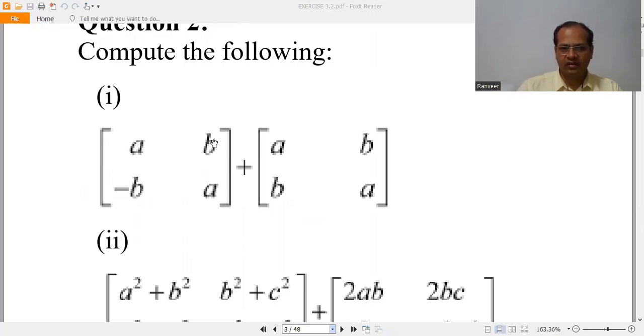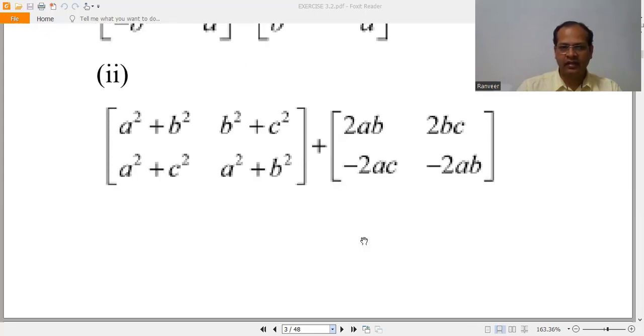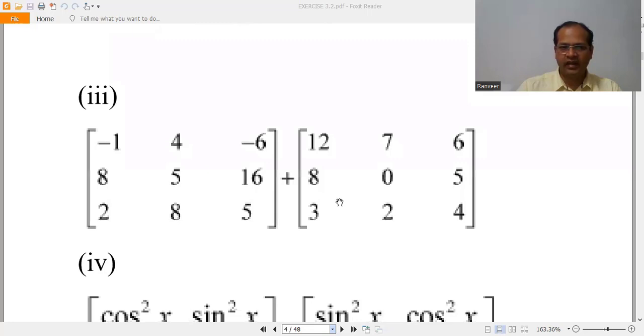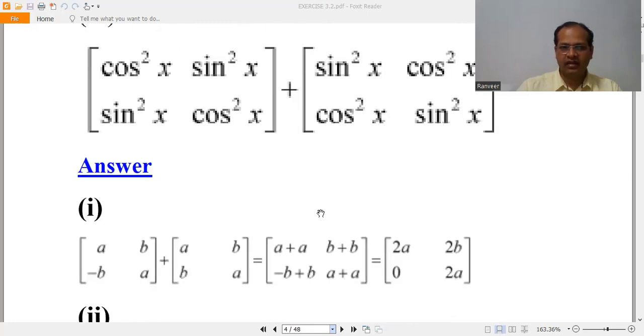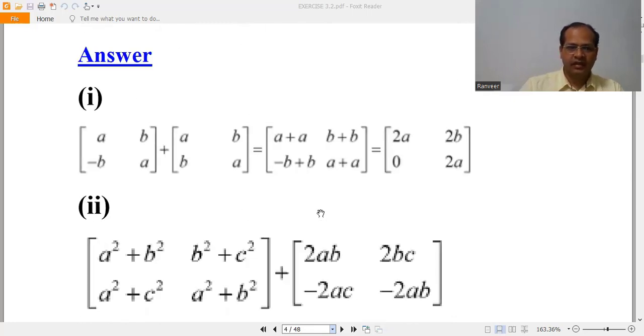Compute the following. It is the same as the earlier question: just adding, here also adding, here also adding. So we want to add, then we have to write A plus A, B plus B, minus B plus B, A plus A. So this is the matrix.